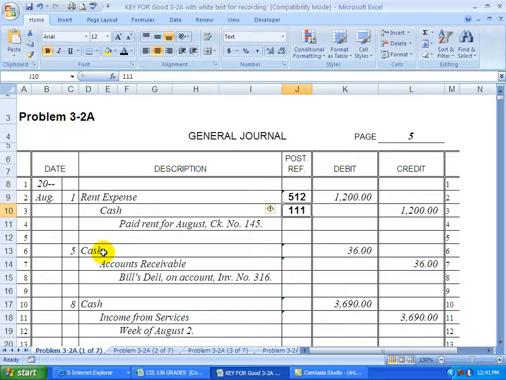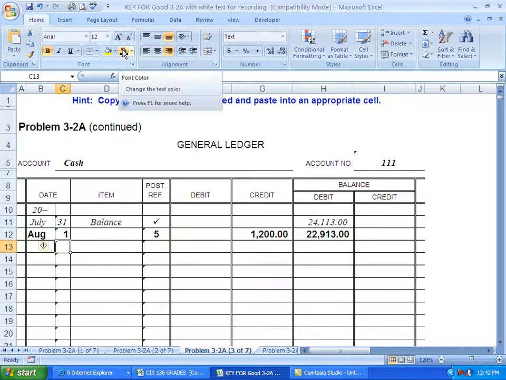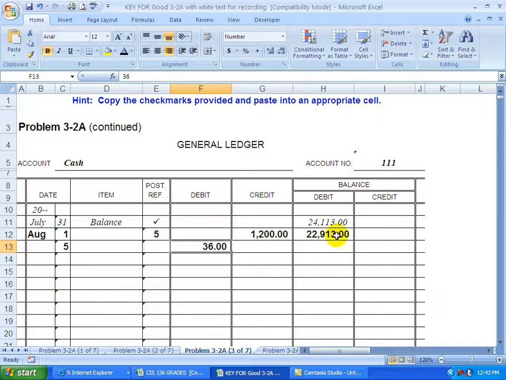The next account is going back to cash and debiting it for $36. So we'll go back to cash, and this time we do not need to write August because it hasn't changed, but we do need to write the date. Now this is a debit, so we're going to the debit column and putting in $36. We need to combine this debit with the debit balance. When you have a debit, you must add.